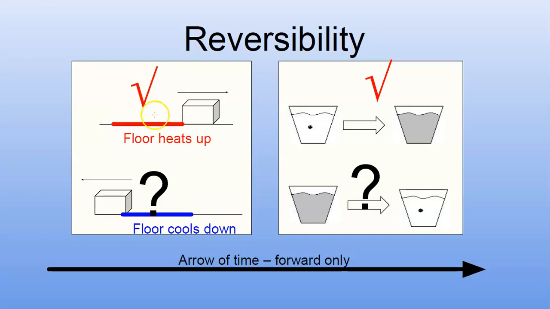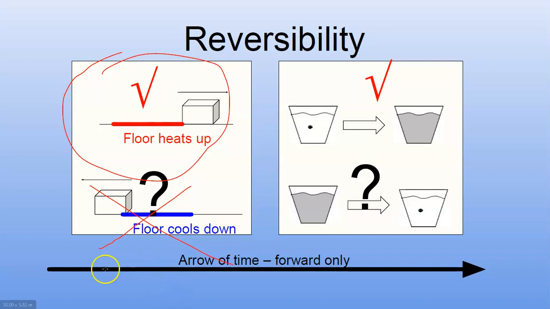That makes perfect sense. However, I have never seen a box of its own volition, without somebody pushing it, just all of a sudden slide backwards and the floor cool off. It doesn't go this way, it goes that way. This makes sense, and this does not. It is not a reversible process. I can't do this thing backwards. It's just not going to happen.